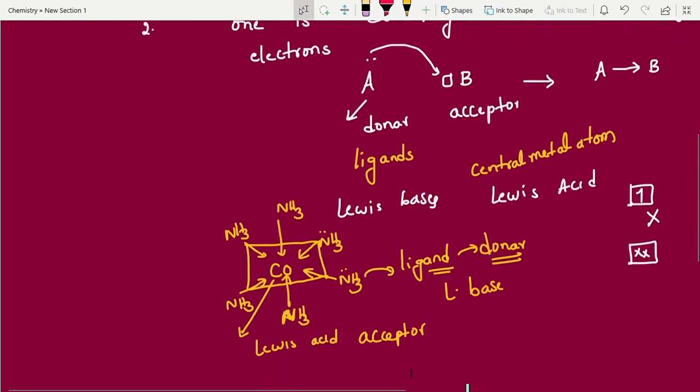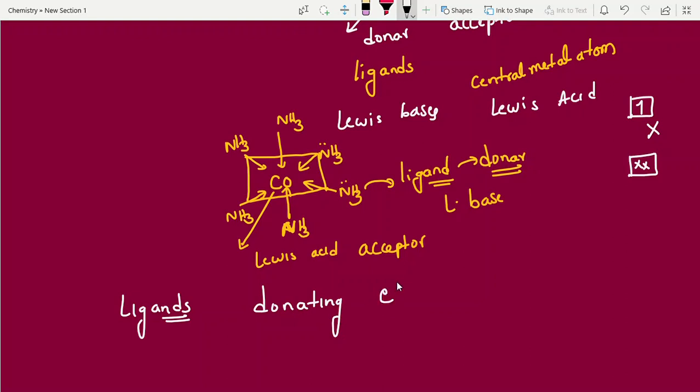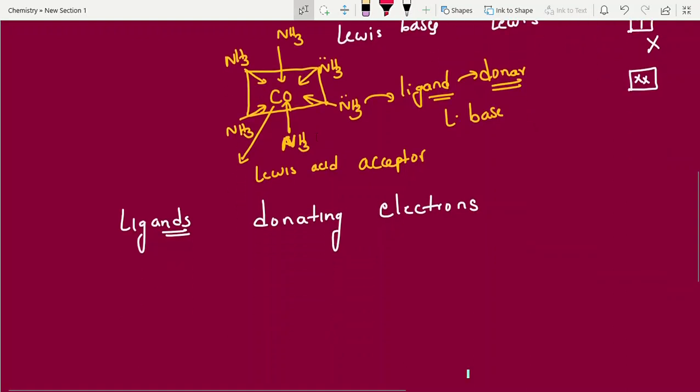Now, the next important terminology we use here: homoleptic complexes, heteroleptic complexes, and ligands. Ligands are nothing but electron donors. Here, denticity: the donating capacity is what we call denticity. Ligands are further classified into some types.